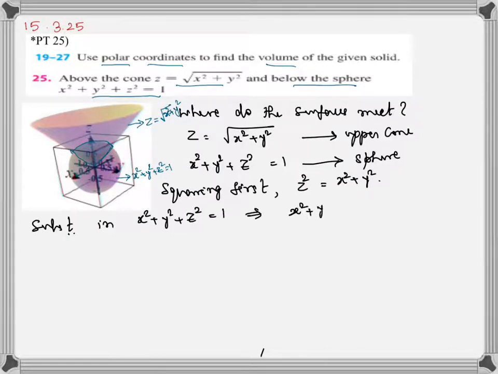So you get x square plus y square plus x square plus y square equal to 1. So that gives us 2 times x square plus y square equal to 1. So x square plus y square equal to 1/2.